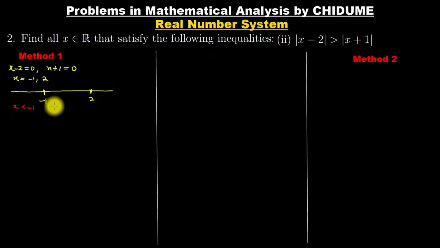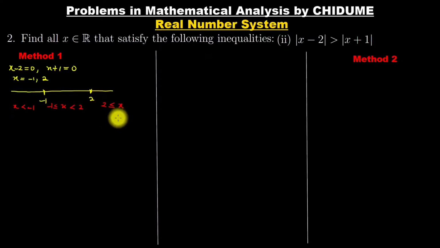The other one is when x is greater than or equal to negative 1 but strictly less than 2. And the third region is when 2 is less than or equal to x, or when x is greater than or equal to 2. Either one is correct.